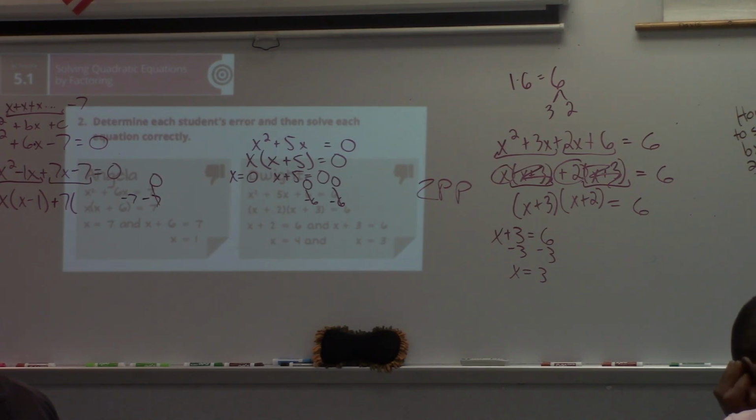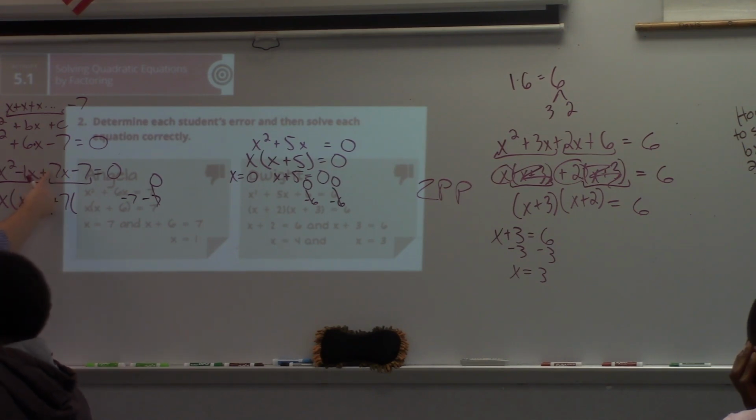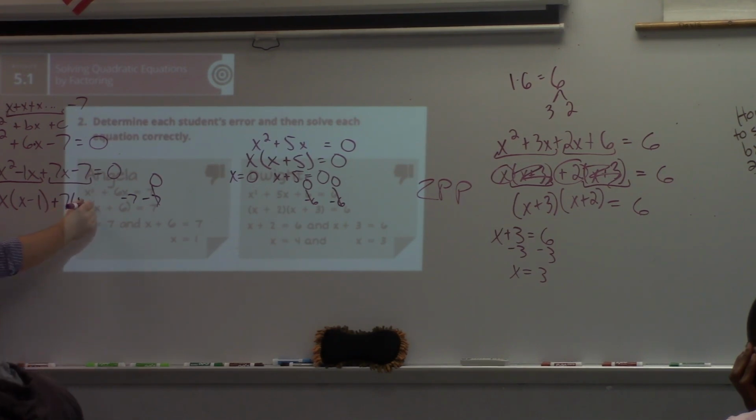Well, it's undoing distribution, so we are dividing. When we factor out, we're dividing, guys. What is 7 divided by 7? 1. So I've got 1x. What's negative 7 divided by 7? Minus 1, right?